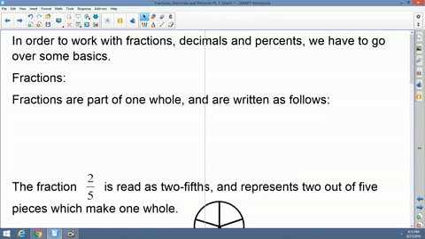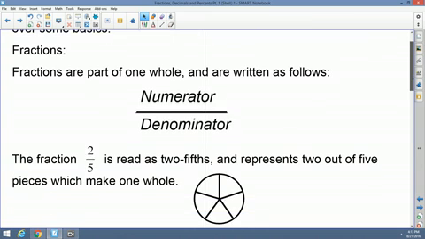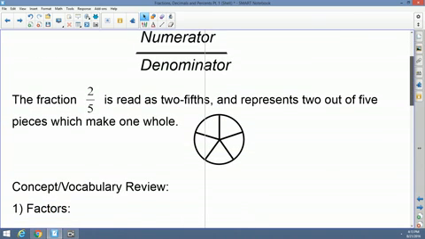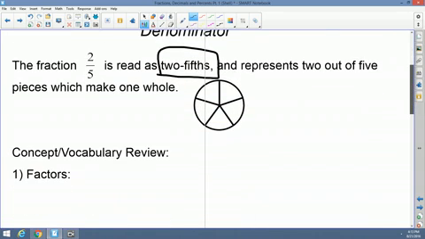But fractions, very simply put, are simply part of one whole. And they are written as follows. Numerator in the top, denominator in the bottom. The fraction 2/5 is read as two fifths and represents 2 out of 5 pieces, which makes one whole. That's why it's called two fifths, because it's 2 out of 5 pieces.